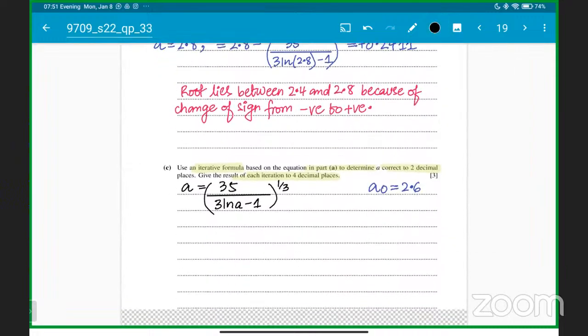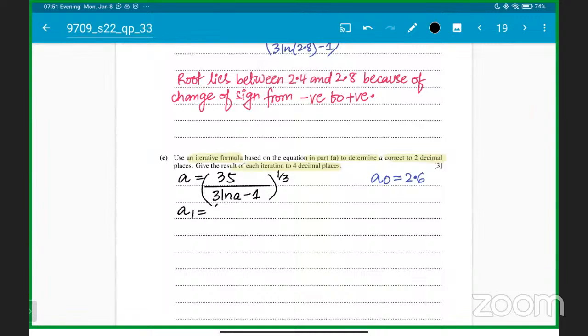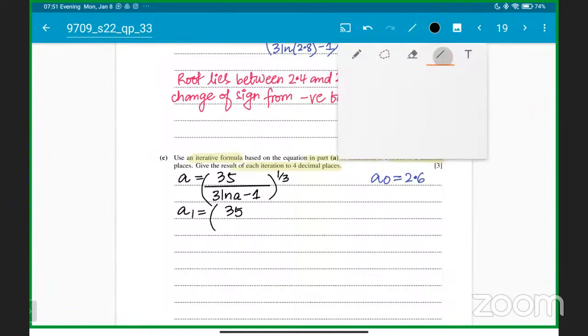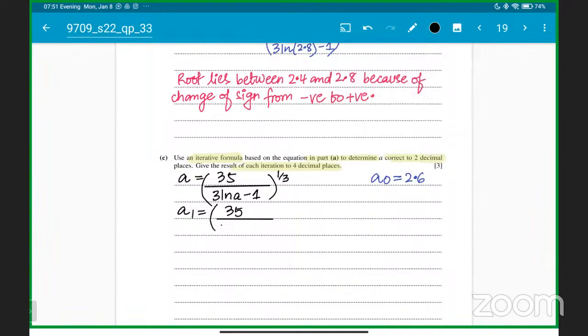And here we go, we can start working out. A1 will be equal to 35 divided by 3 times ln of the answer minus 1, to the power of 1 over 3. So with the first value 2.6, you have 35 divided by 3 times ln of the answer minus 1 in the brackets.